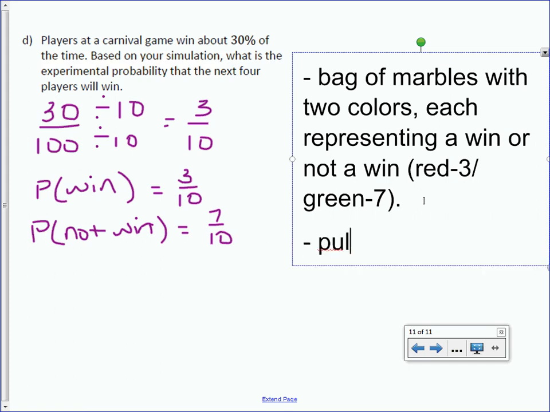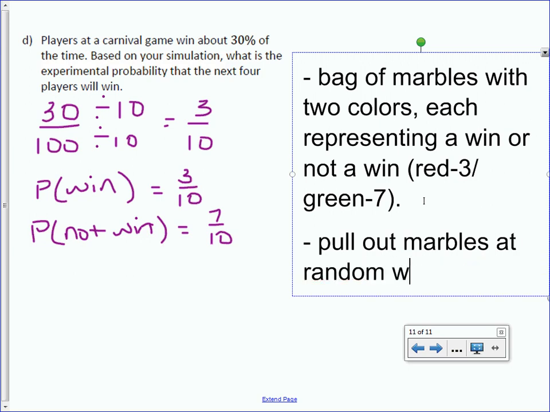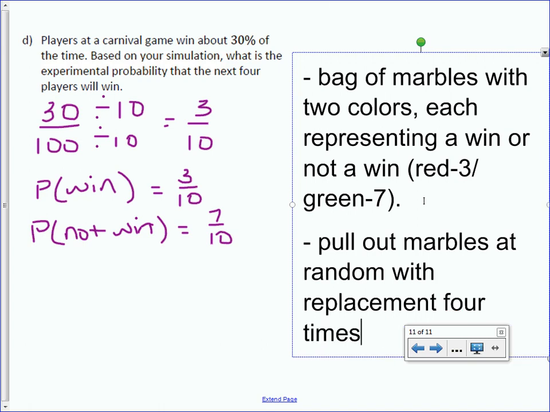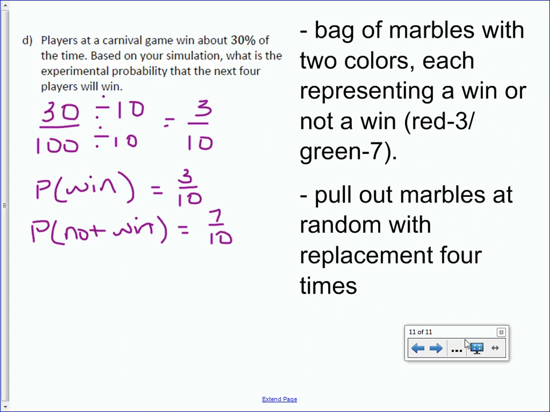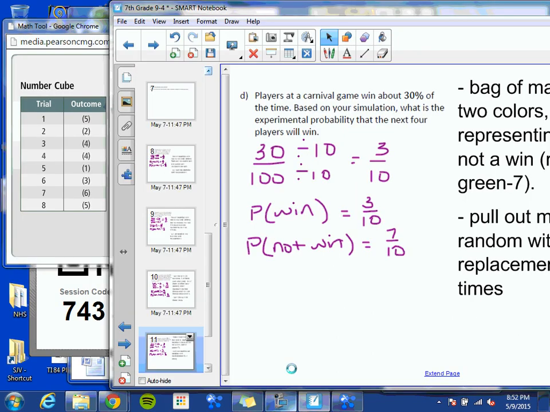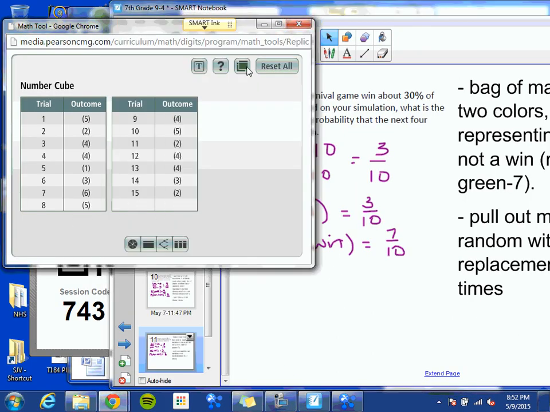Then you would pull out marbles at random with replacement. Again, we pull it out and then we put it back. We are concerned with 4 times, so 4 times. And this question wants us to actually do the simulation, so let's pull out the simulation tool.